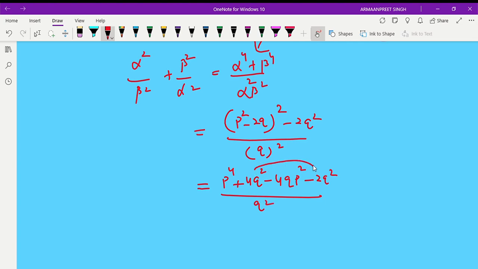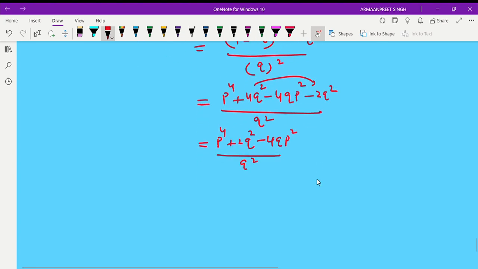Now 2q square is subtracted from 4q square, so it is p4 plus 2q square minus 4q p square. So 4q square minus 2q square is 2q square, divided by q square. Now separate this q square under every term.